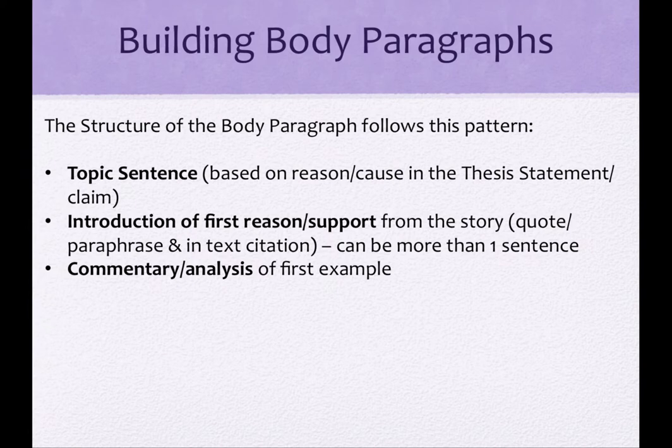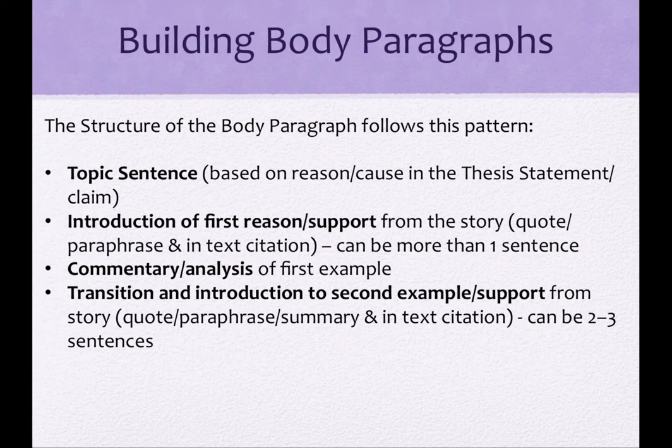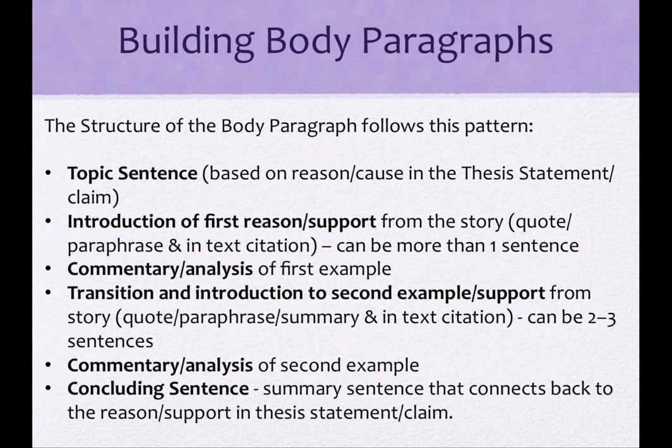You will then comment and provide some analysis of that first example. You'll have a transition and an introduction to the second example or support from the story, and this can be a few sentences. You will offer a commentary on that second example, and then you'll have your concluding sentence, a summary sentence that connects back to that reason or support in the thesis statement and claim.